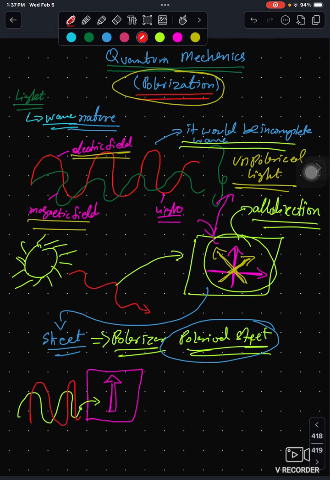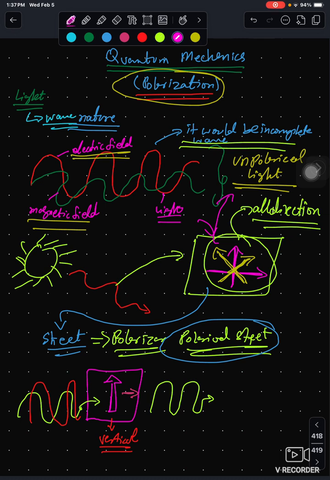It has both horizontal and vertical orientation, but the moment it goes out of this polarizer, since it's a vertical polarizer, we will only have the vertical part of the light.